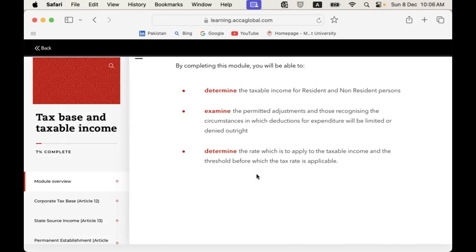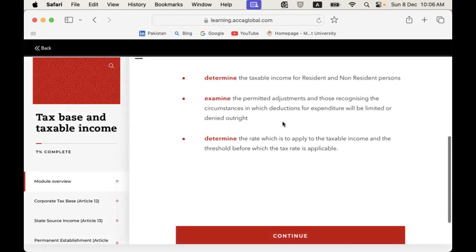These are the learning objectives today. First, determine the taxable income for resident and non-resident persons. So that refers to the tax base. Second, examine the permitted adjustments and recognize the circumstances in which deductions for expenditure will be limited or denied outright.